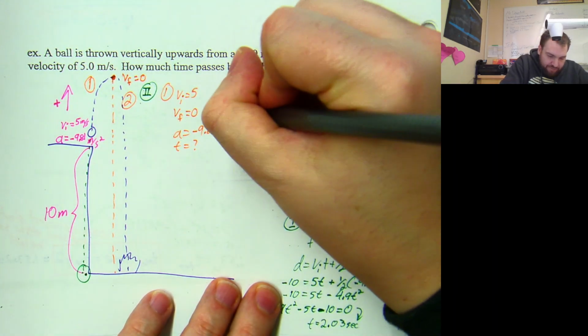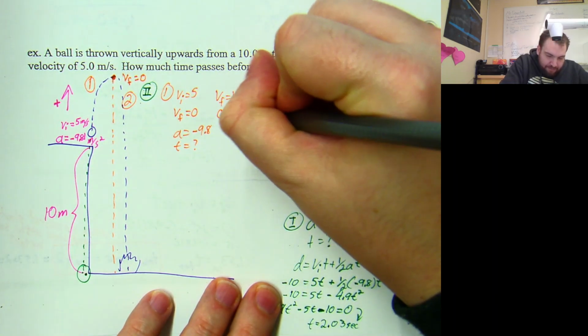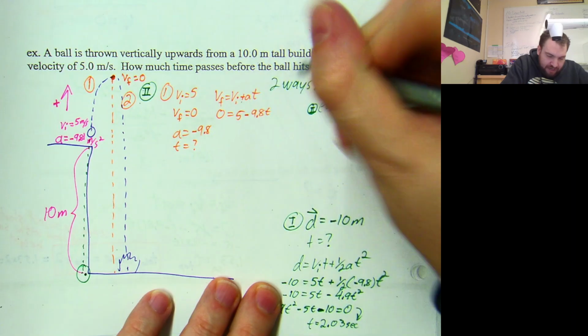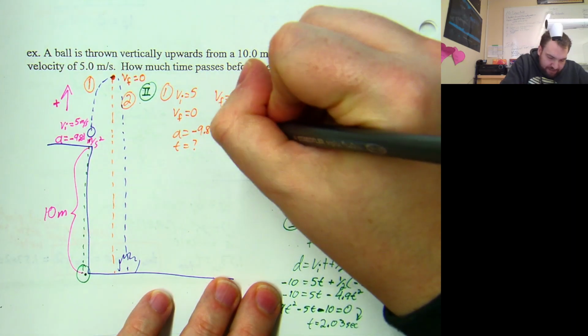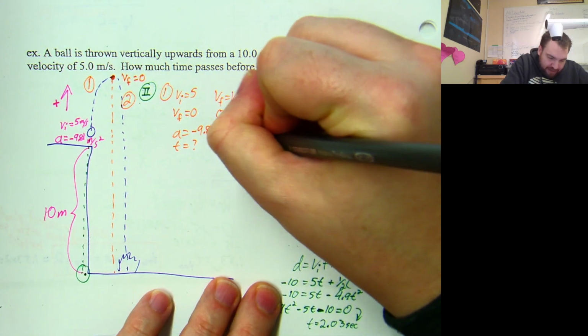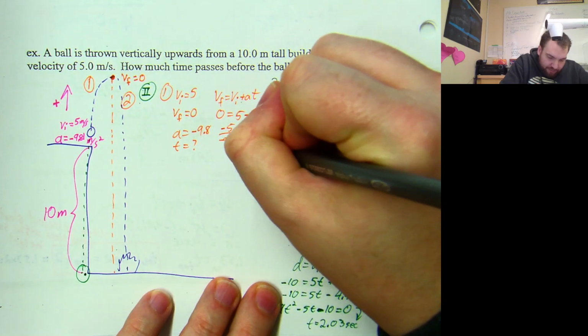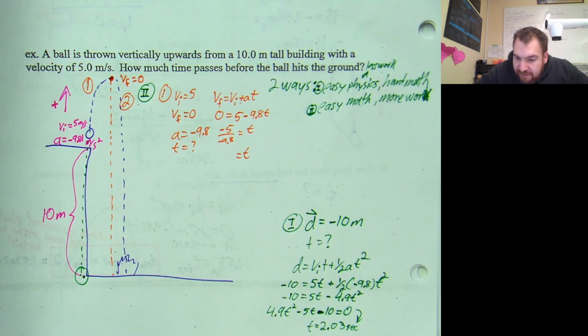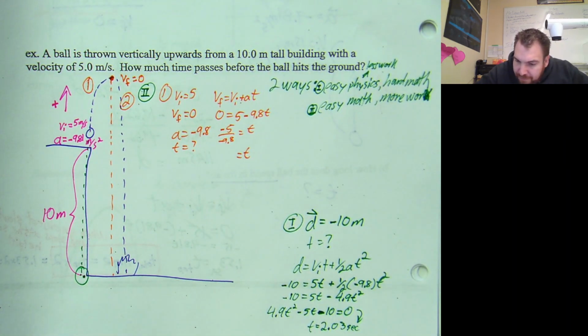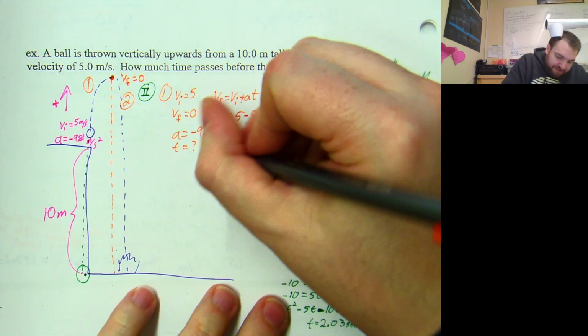VF is 0, VI is positive 5, minus 9.8 t. I subtract my 5 over, so I get negative 5 over negative 9.8 is equal to t, and we're going to have a value for t of 0.51 seconds.